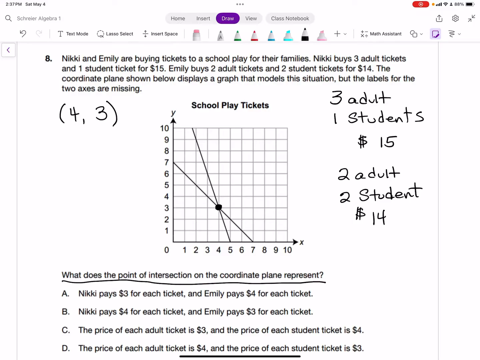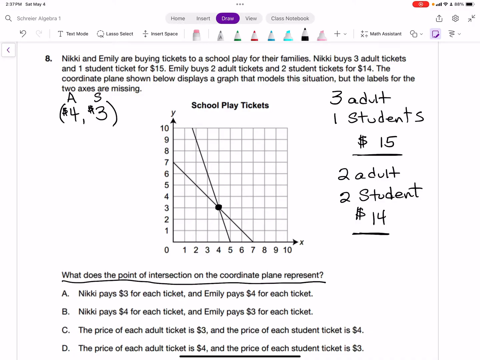We just don't know how much they paid for those tickets, but we do know how much they cost total, dependent upon the amount that they bought. So let's see if we make this the adult tickets and this the student tickets price, so $4 and $3. Let's see if that makes both of these situations true.